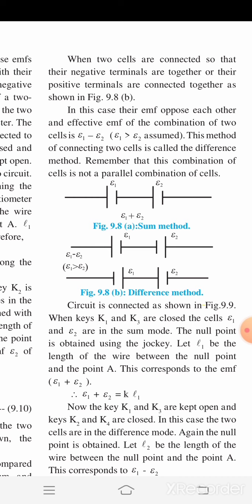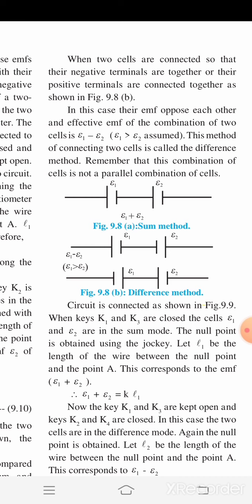When two cells are connected so that their negative terminals are together or their positive terminals are together, as shown in figure 9.8b, their EMFs oppose each other, and the effective EMF of the combination is E1 minus E2. This method is called the difference method. Remember always that this combination of cells is not a parallel combination of cells.